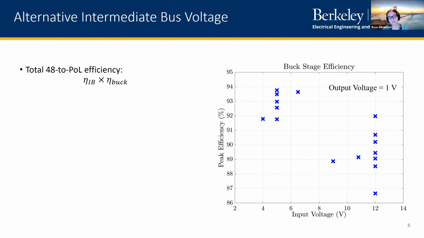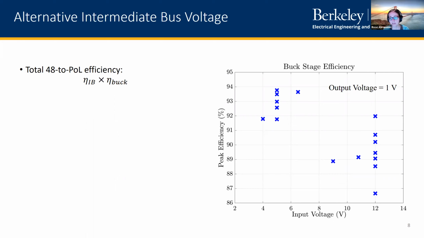So if we look though at the intermediate bus voltage, maybe 12 volts is not actually the best voltage for overall high system efficiency. And the reason for that is that your total 48 to point of load efficiency is going to be the efficiency of your intermediate bus converter stage times your efficiency of your buck stage.